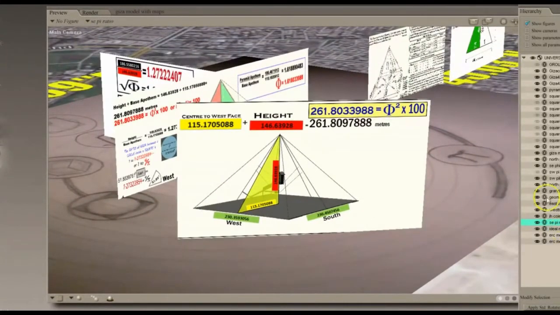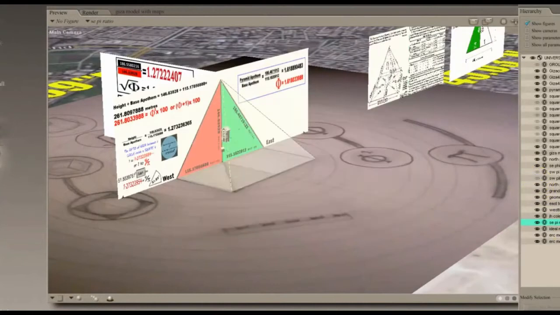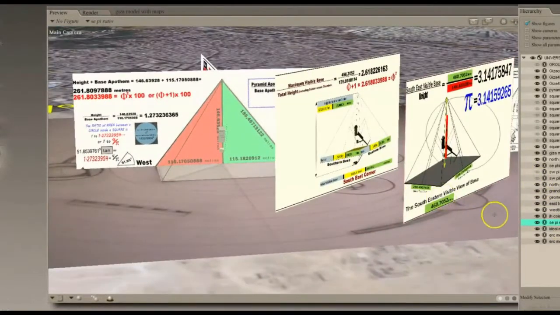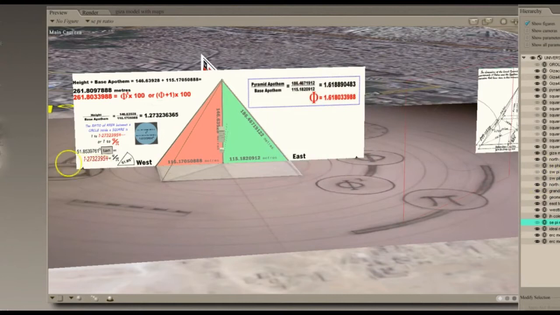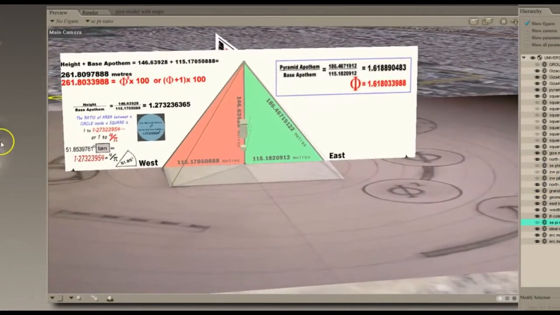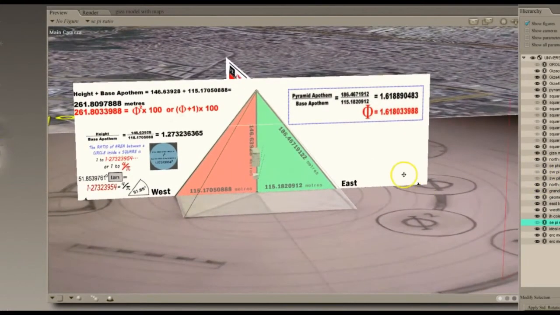I'll just remove that one. Okay, so now let's look at the axis. Southeast, remove, and okay, so there. Now, if we look through the east to west axis, on the eastern side we have pi proportions, so close, and again using the actual measurements.